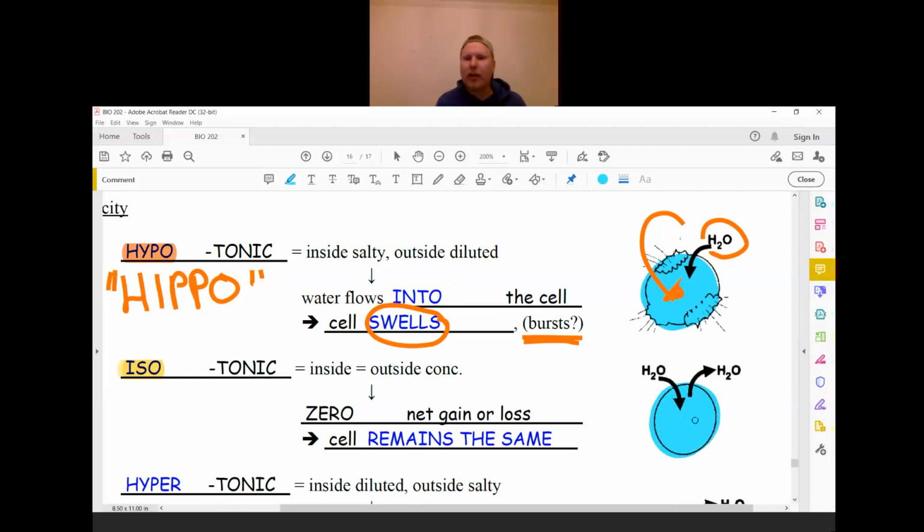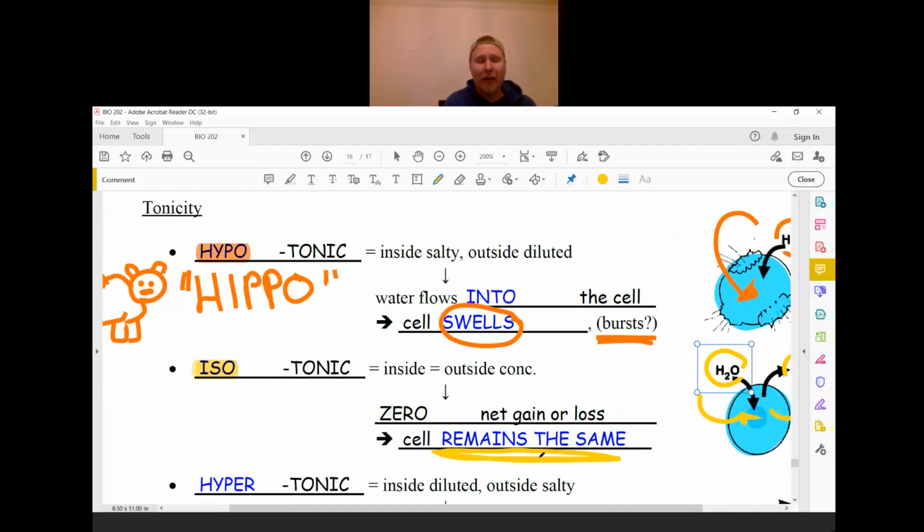So the concentrations are the same both inside and outside. As a result of that, as some water will always enter the cell, the same amount of water also leaves the cell. So the overall amount of the water within the cell will remain the same. So there's a zero net gain or loss of water in this case.